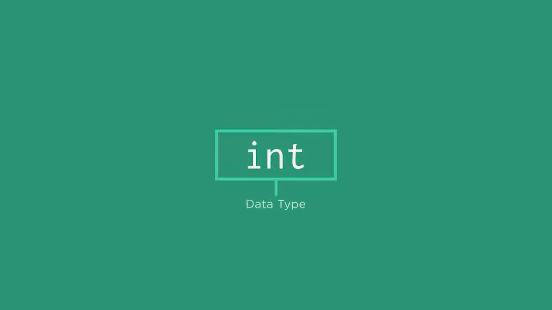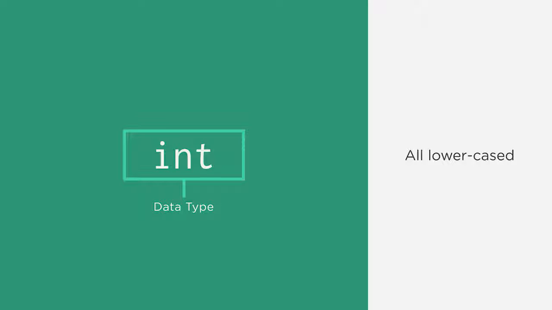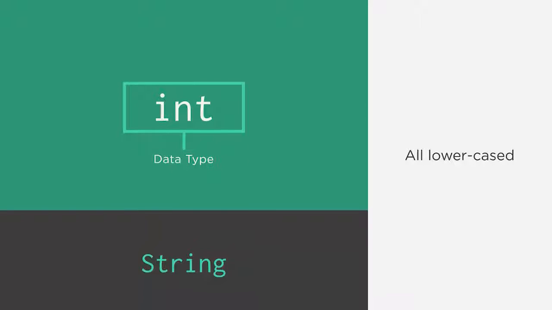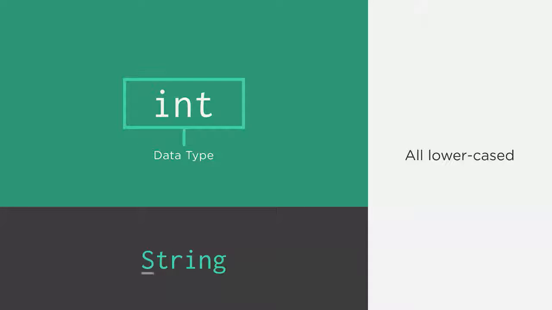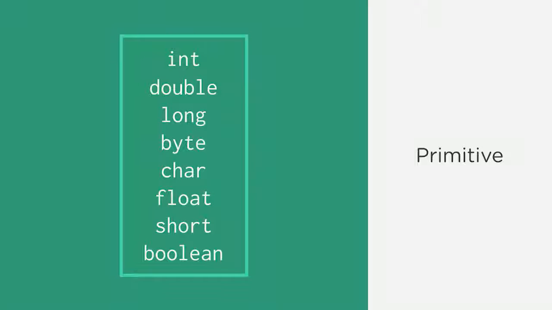One thing that I wanted to point out about the int data type was that it was all lowercase, unlike the other data type we had seen. Remember, that was String with a capital S. When a data type is lowercase, it is a special kind of data type called a primitive. Int is one of 8 primitive data types that come out of the box with Java.